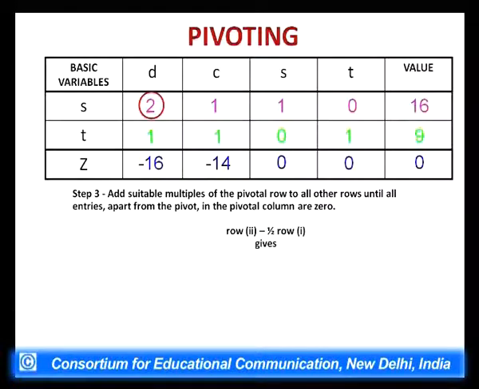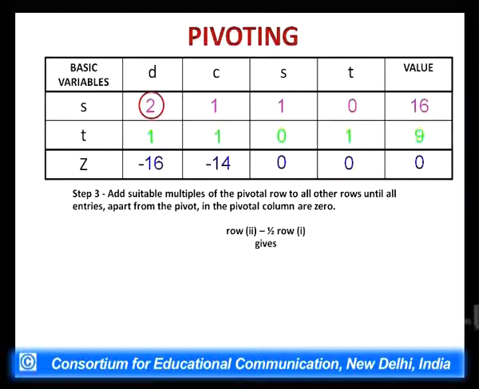Look at the pivot column, we have to make the 1 against T as 0. It is possible only if I divide the first row by 2 and subtract it from the second row.